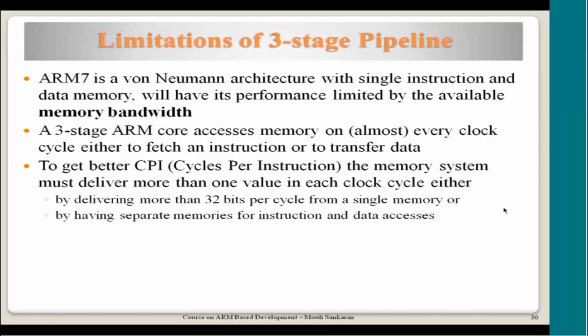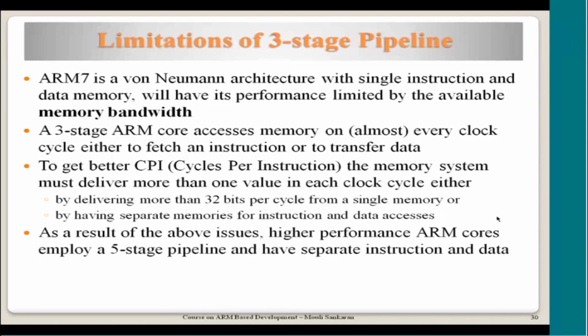Maybe ARM7 has a limitation, but in the subsequent ARM family processors, they have split the instruction and data memories into separate ones, so that you don't compete for the same bus in the same cycle. So instruction access and data access can happen in parallel if there are two different buses. So you may have a better performance there.